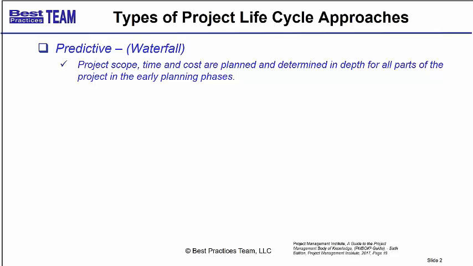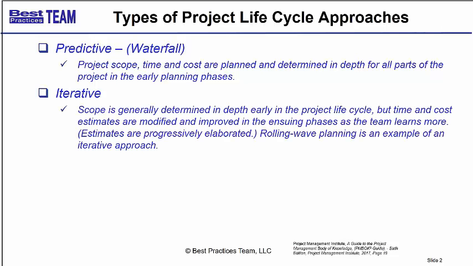Do predictive planning. The second approach is to do things iteratively, to figure it out as you go along, kind of play it by ear, progressively elaborate, build out your plans as you move into later iterations or later stages of the project. In the early stages of the project, we'll only have high-level estimates of time and cost.